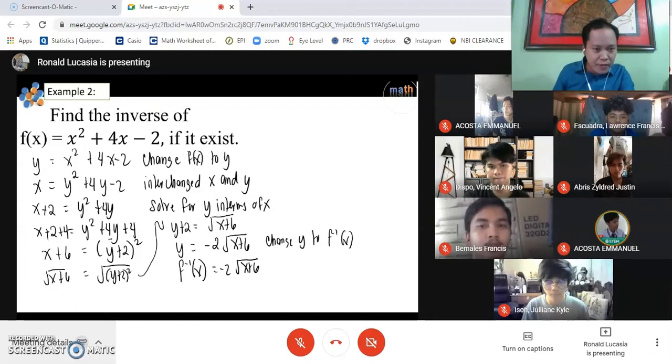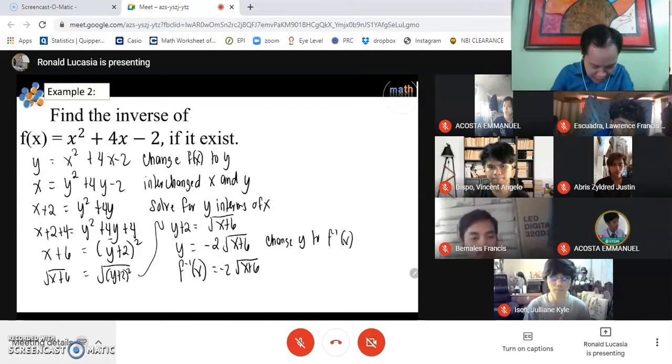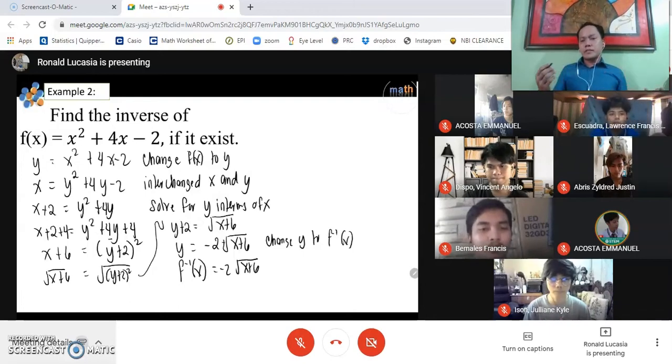Y is equal to negative 2 plus or minus the square root. Now, when we are going to get the square root of a certain number, say for example, square root of 16. What is the square root of 16?